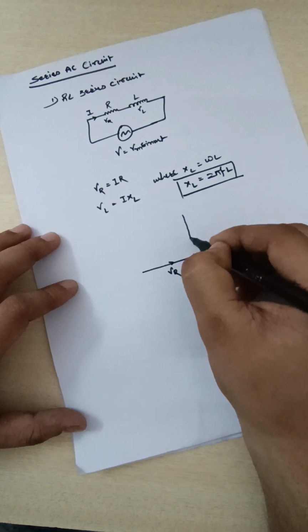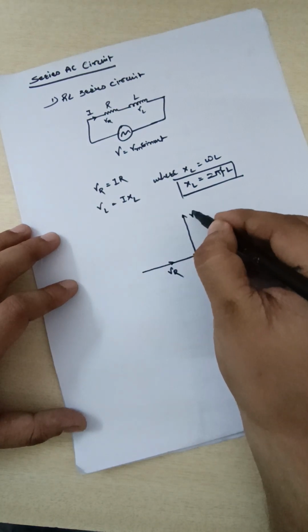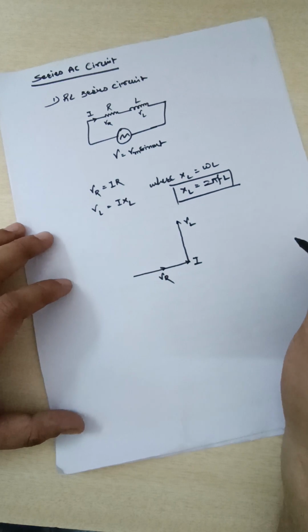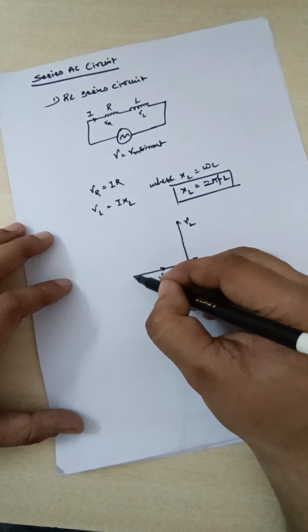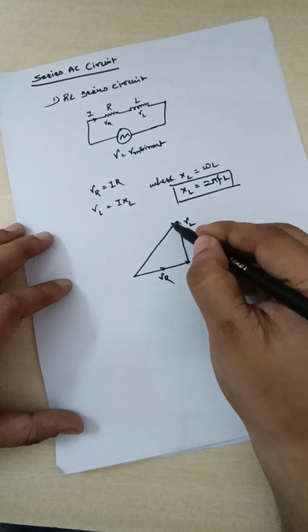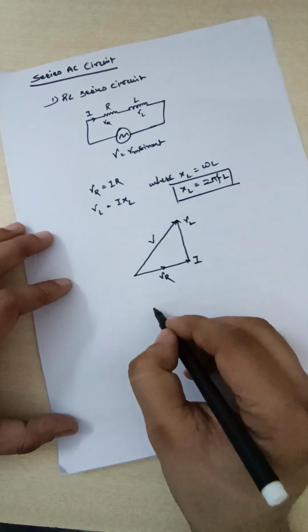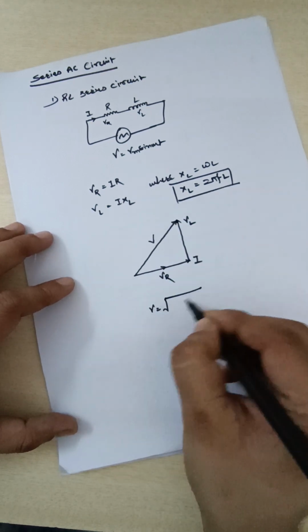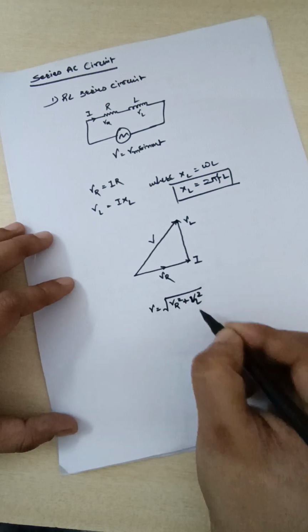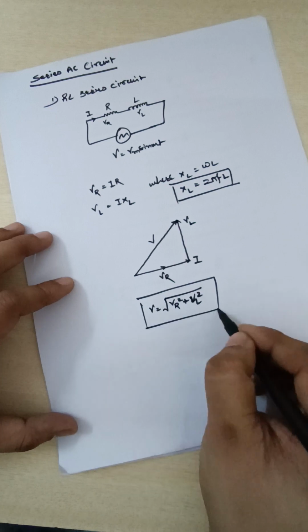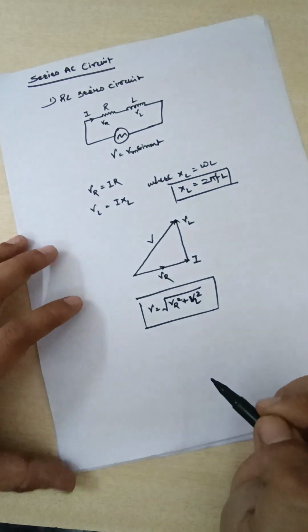So here I can draw the VL voltage. Clear? So this is VR and this is VL. So phasor sum will be V. V will be equal to under root VR square plus VL square. This is the voltage that we have applied.